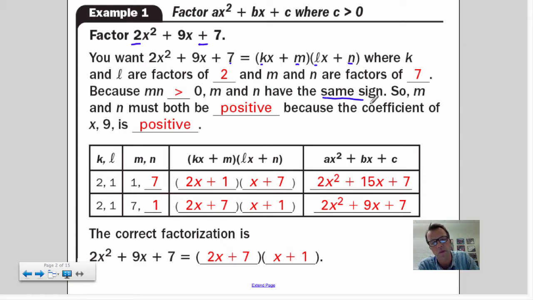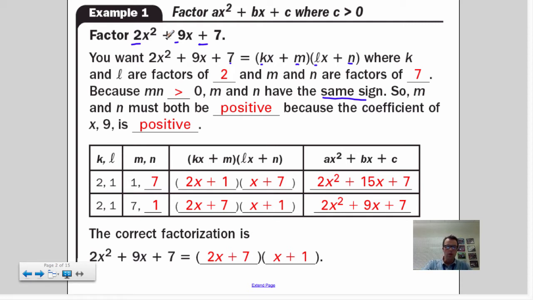So they either have to be both positive or both negative. And then because the middle term is positive, we determine that they both have to be positive. Again, if you had a negative middle term, then both the factors of 7 would have to be negative.